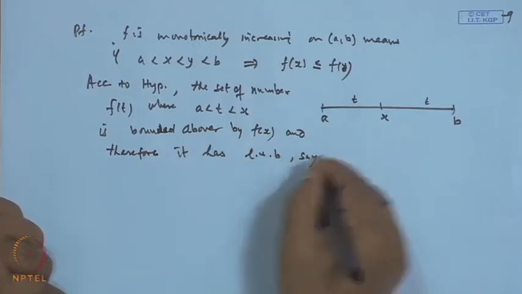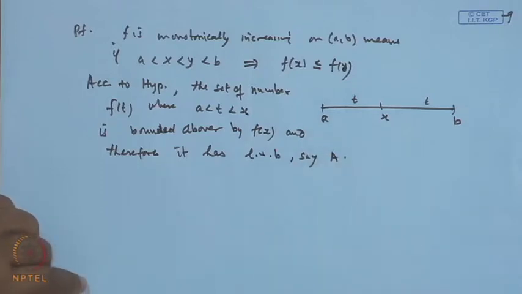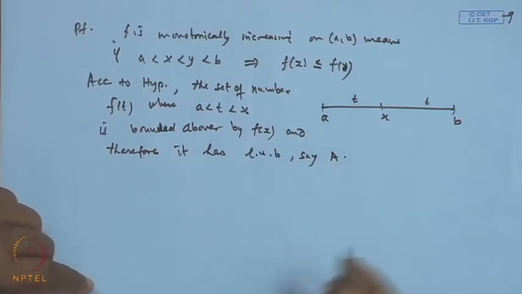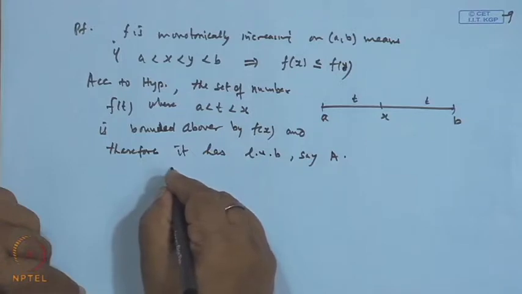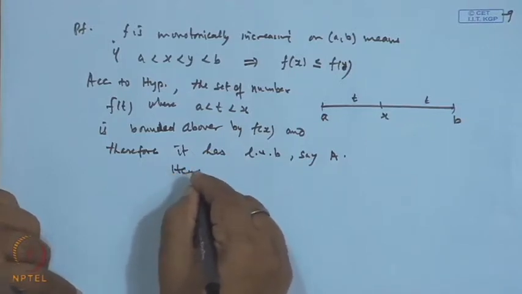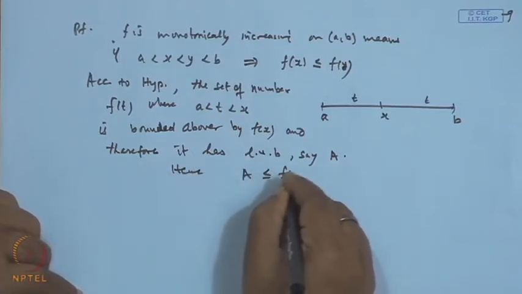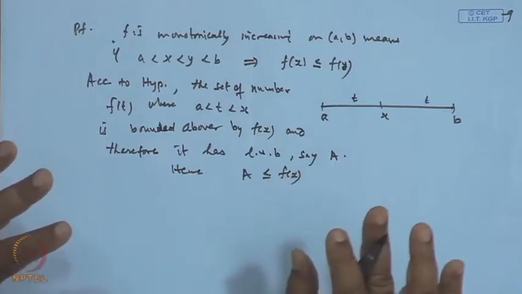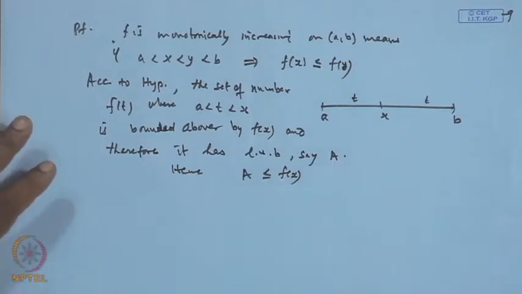Say a is the least upper bound. Hence a will be less than or equal to f of x. This is true.